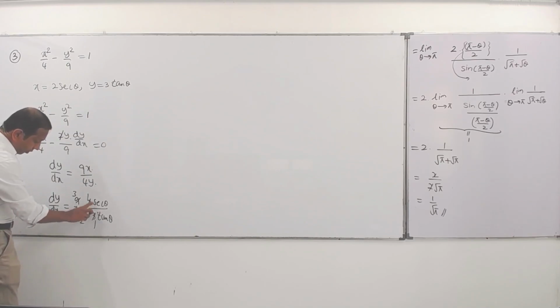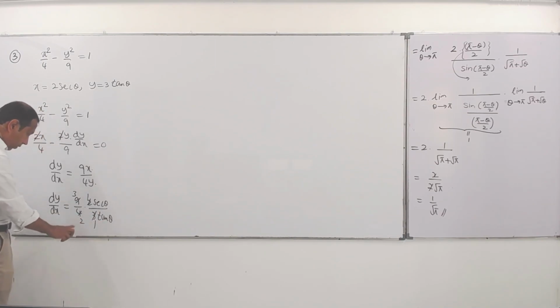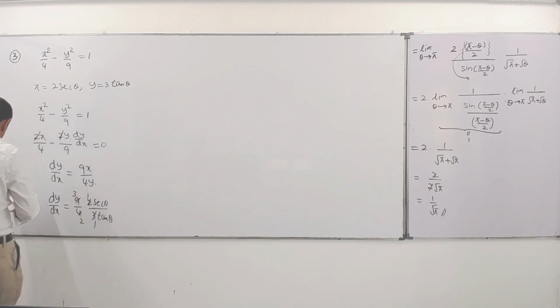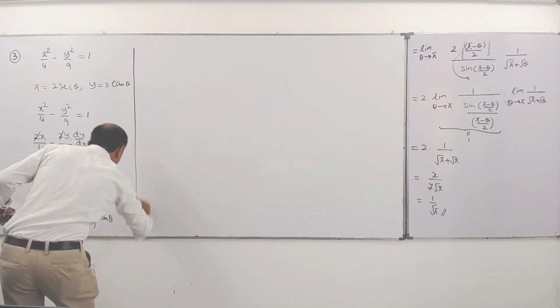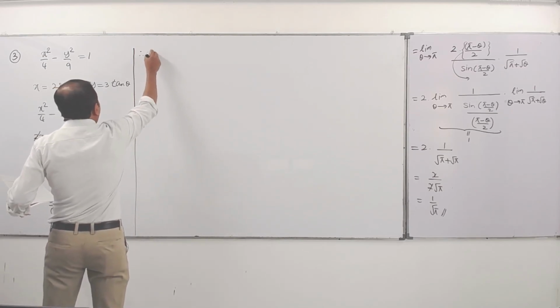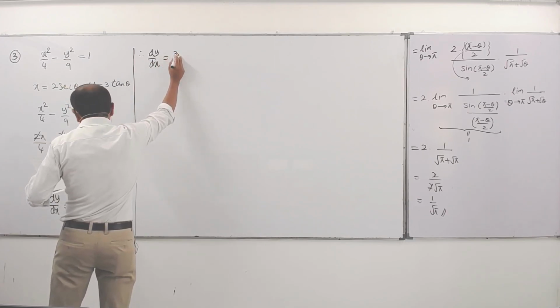Sec theta means 1 over cos theta. Tan theta means sin theta over cos theta. That cos theta, this cos theta we can cancel down. We get sin theta here, no? Then we get 3 over 2 sin theta as our dy by dx.